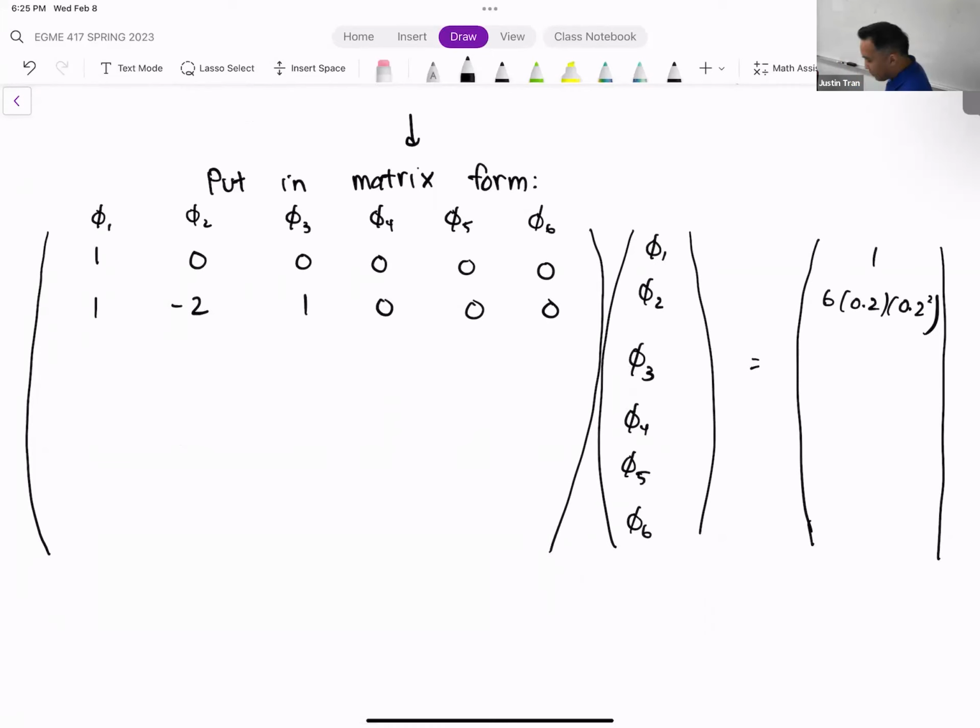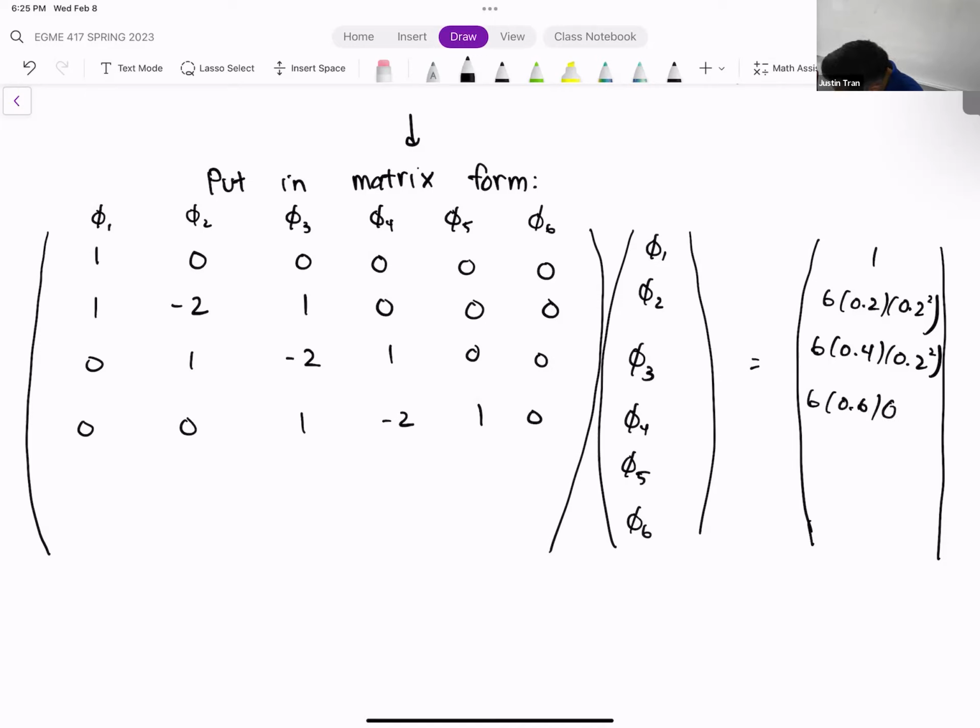Our second row is going to be 1, minus 2, 1, 0, 0, 0. Okay. Our third row is going to be 0, 1, minus 2, 1, 0, 0. Okay. Our fourth row is going to continue on with that pattern.